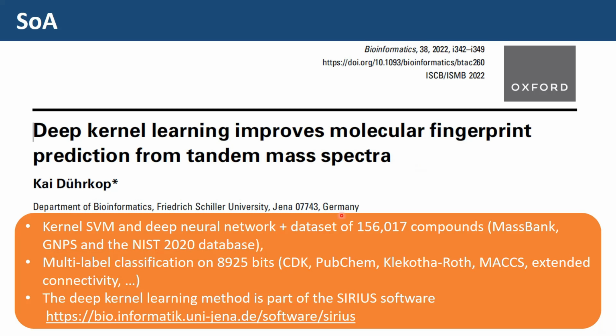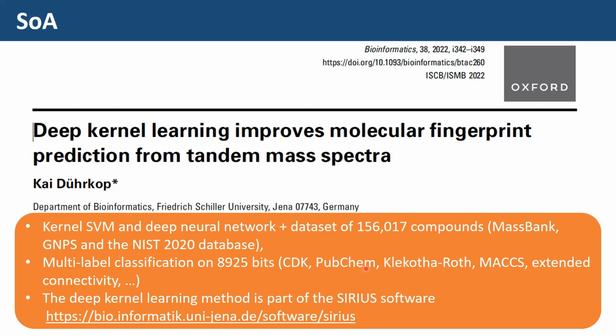So instead of using only one type of fingerprints, they used different types of fingerprints: CDK, PubChem, Klekota-Roth, MACCS keys, which were the fingerprints we used, then extended connectivity fingerprints. And they combined all these fingerprints.